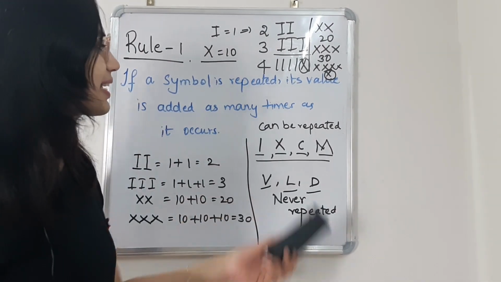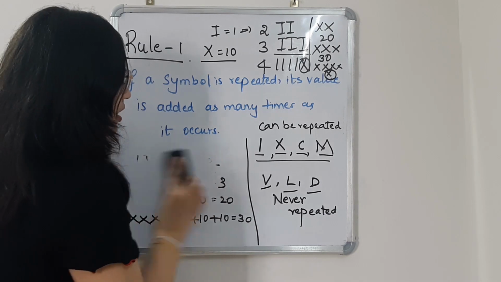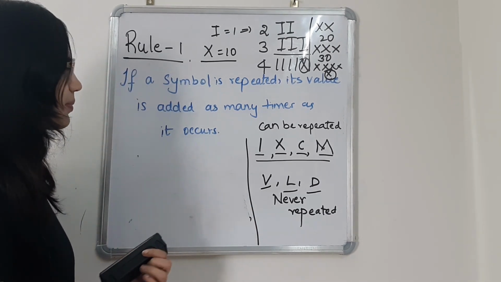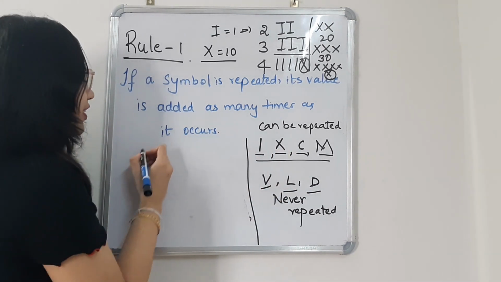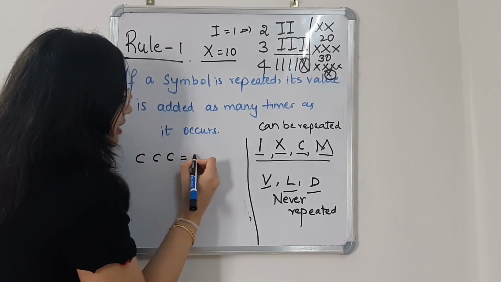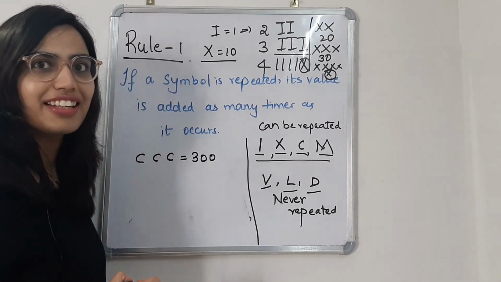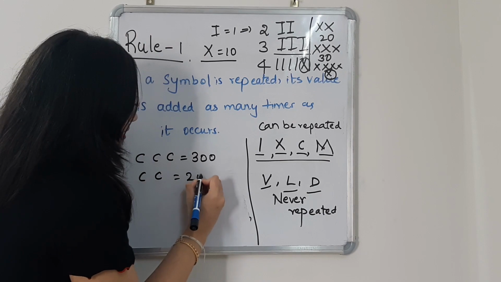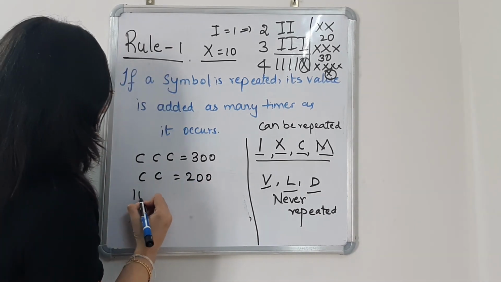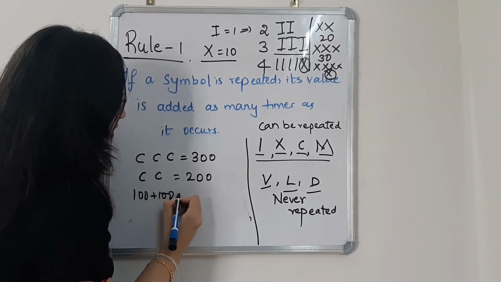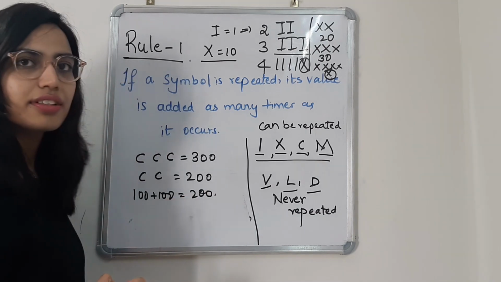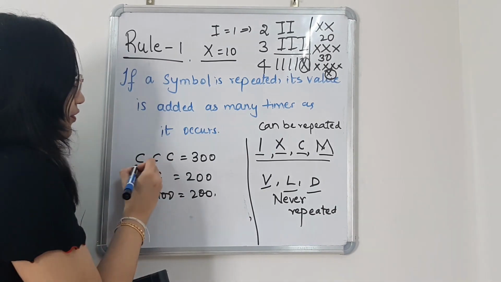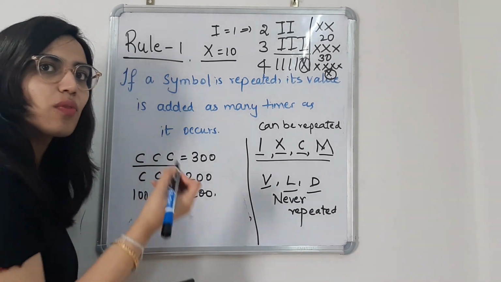Okay, and in the same way I can tell you how 100 and 1000 also can be repeated. For example, if you want 300, that means CCC can be written as 300. Also 200 can be written as CC, that is nothing but 100 plus 100, which is 200.